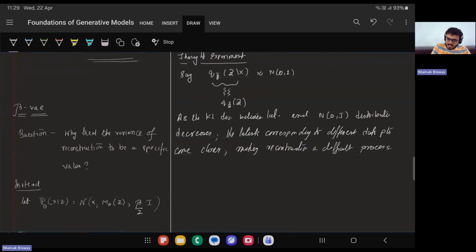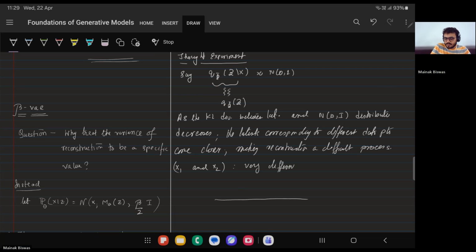Let us consider you have two data points, x1 and x2, which could be very different in character or features. To be exact, let's say x1 is from the MNIST dataset, and say x1 is 7 and x2 is 4.